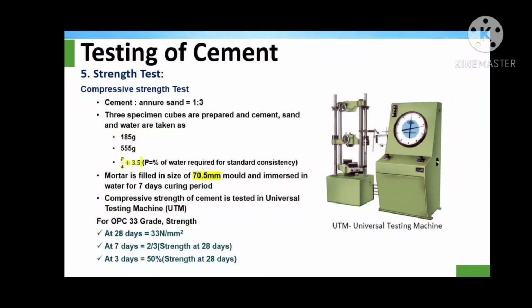Mortar is filled in a 70.6 mm mold and immersed in water for the 7 days curing period. Compressive strength of cement is tested in a UTM. For OPC, 33 grade: strength at 28 days is 33 Newton per mm square, at 7 days it is 2/3 of that, and at 3 days, 50%.